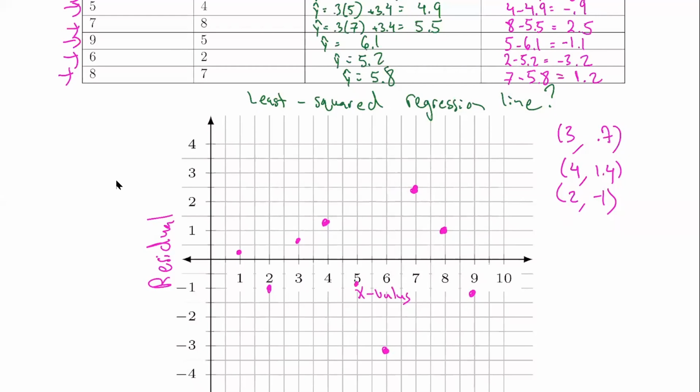The only two that are a little bit suspicious, and let me get yellow again, are these two. But mostly everything else is pretty close to 0. So in this scenario, we will say that a least square regression line is a good model for this data set. And that is what we use the residual plot for.